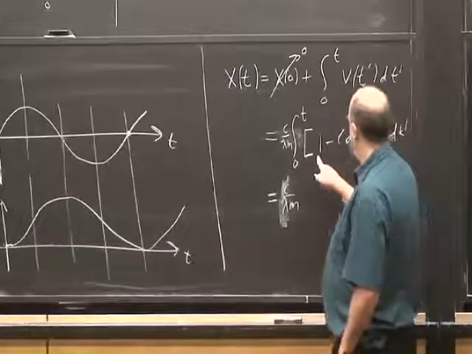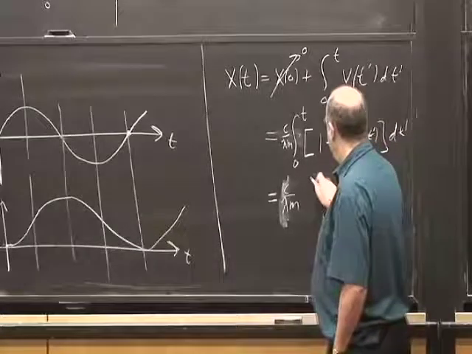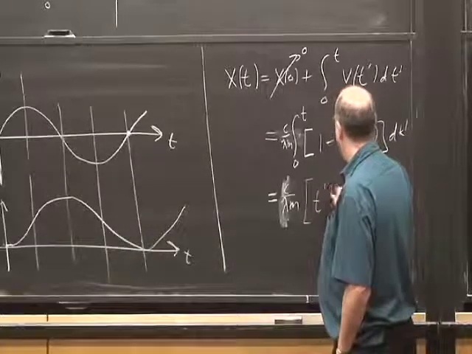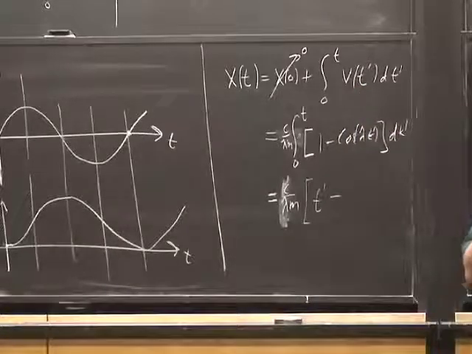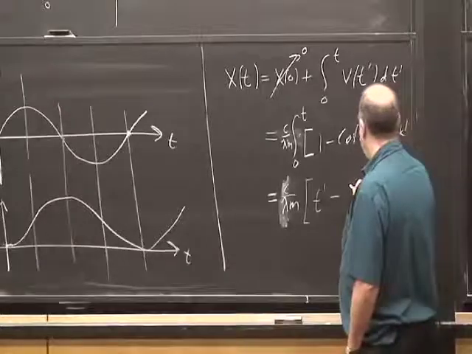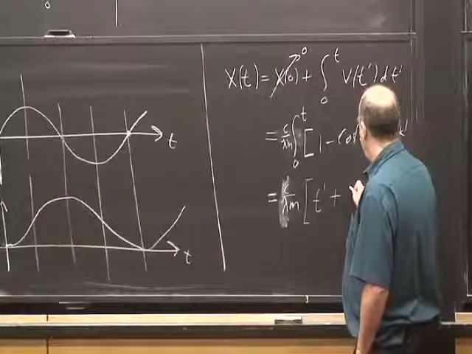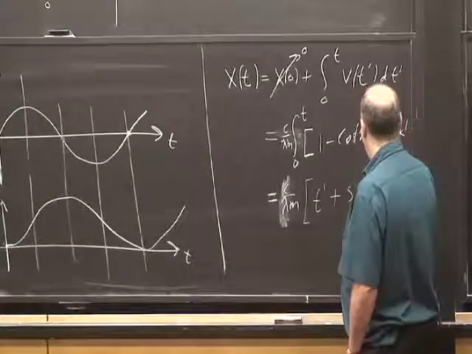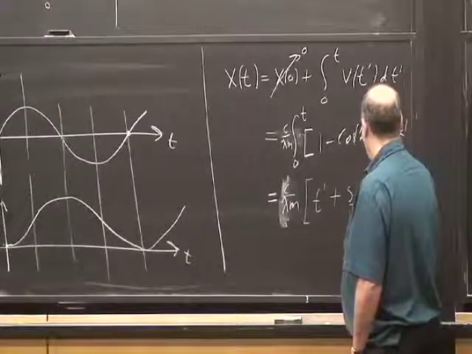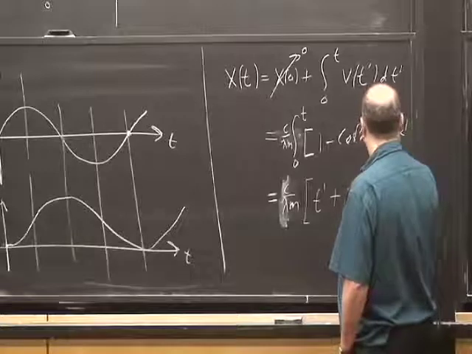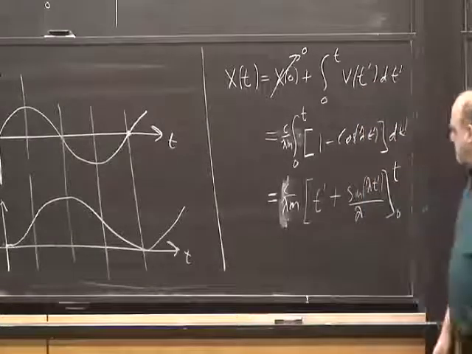Okay, so now we have to do this integral. The integral of 1 is t, which we'll call t prime. The integral of minus cosine is minus sine. So we have minus sine turns into a plus sine of lambda t prime divided by lambda. And then we do this between 0 and t.